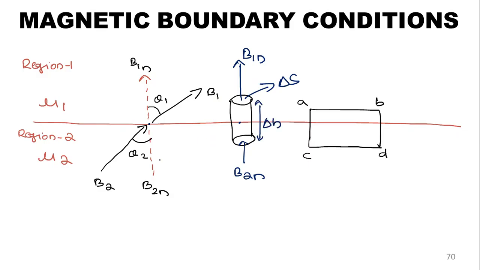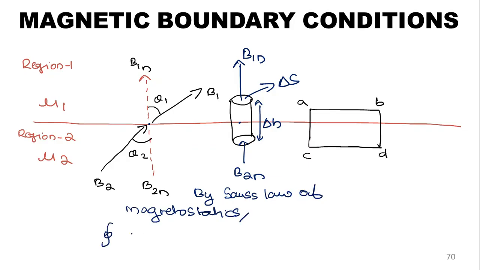Then by using Gauss law of magnetostatics, we can write integral B dot dS is equal to 0, and we will consider delta H approximately equal to 0, delta H tending to 0.